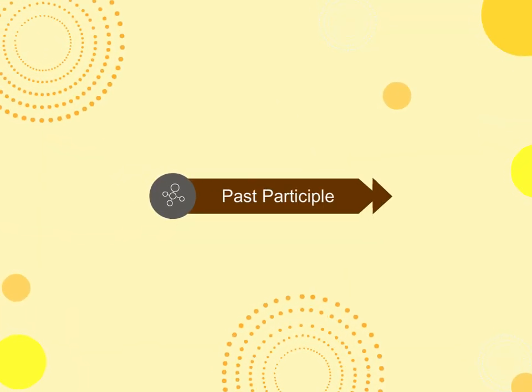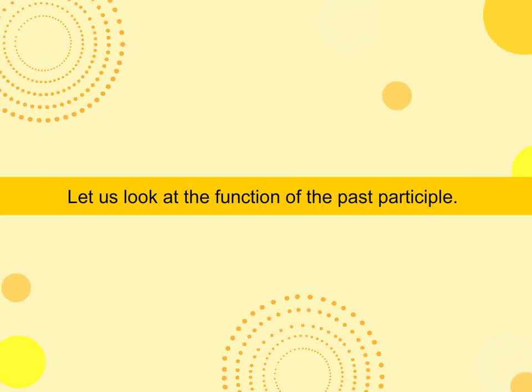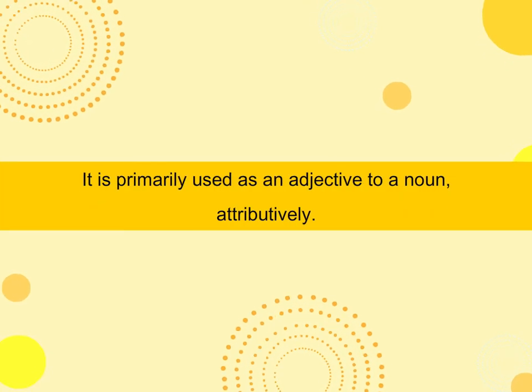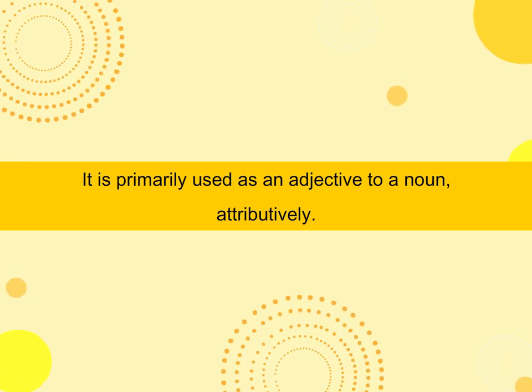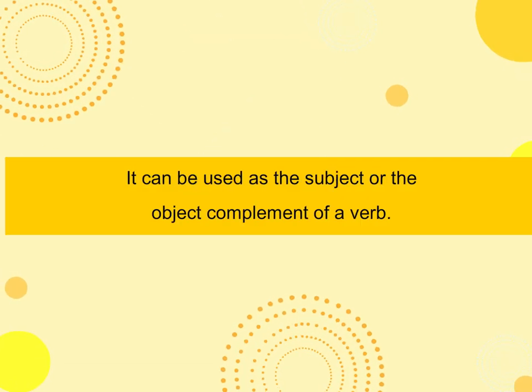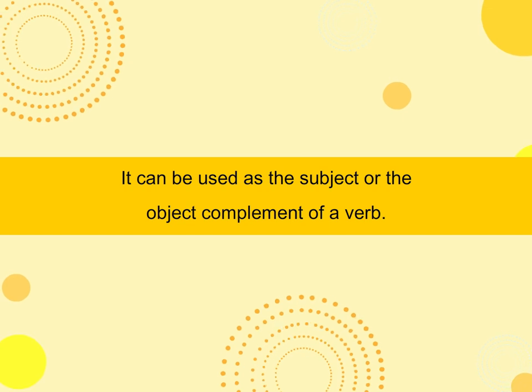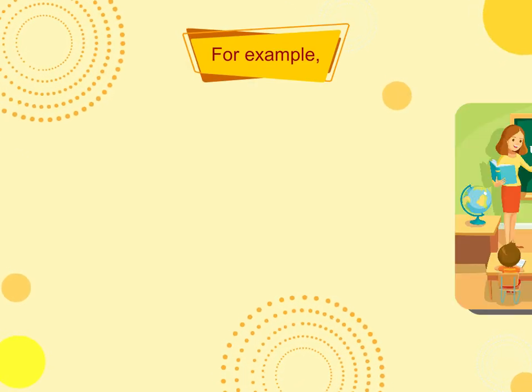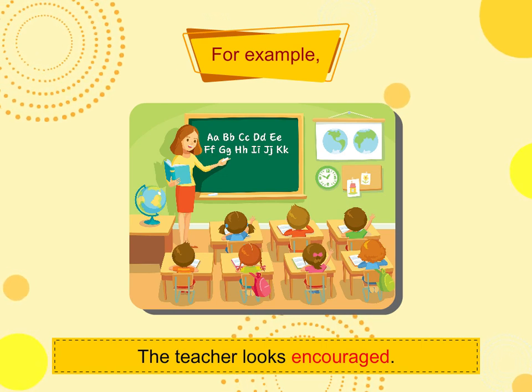Past participle. Let us look at the function of the past participle. It is primarily used as an adjective to a noun attributively. For example, the injured dog was taken to the animal shelter. It can be used as the subject or the object complement of a verb. For example, the teacher looks encouraged.